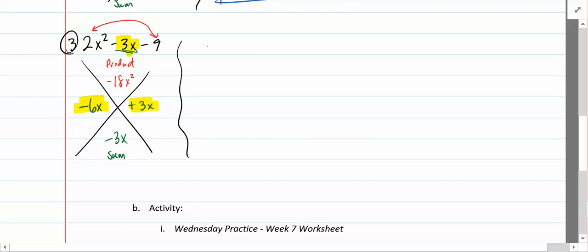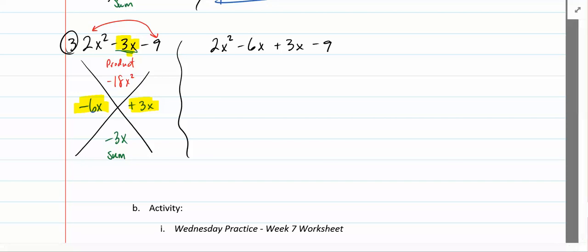So again, our original trinomial could be written as 2x squared minus 6x plus 3x minus 9. Again, since negative 6x and positive 3x can combine to make this negative 3x there, in the original problem, it's okay rewriting it this way. They're mathematically equivalent.